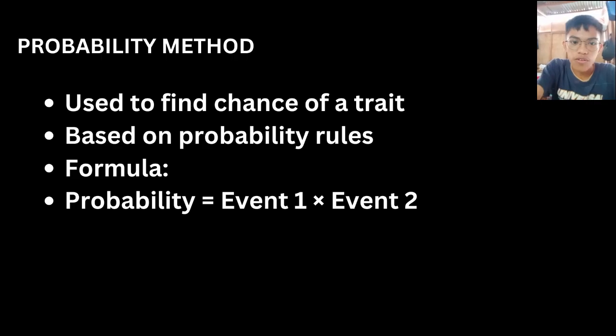So therefore our formula is like event 1 times event 2, and we can determine its specific genotype or phenotype that we want to know its probability, between the cross of 2 events.